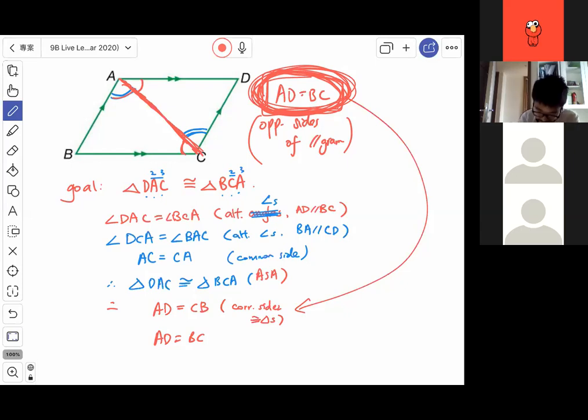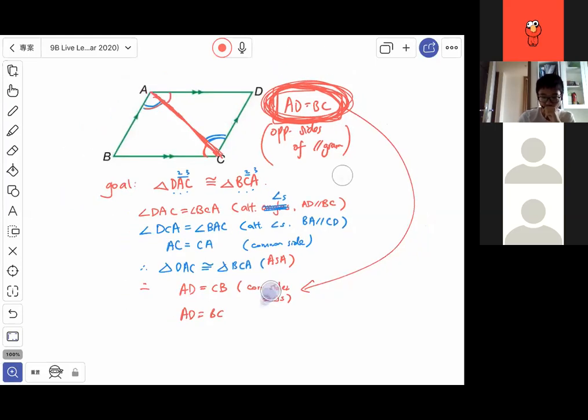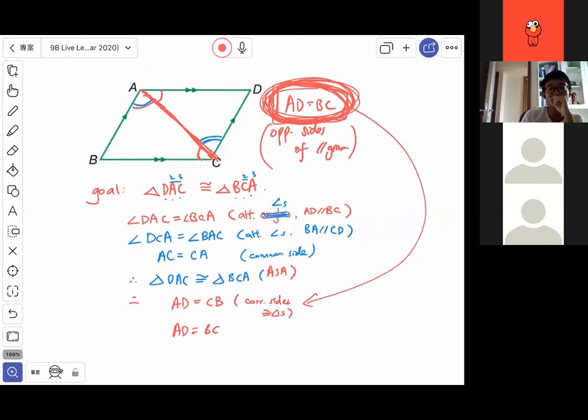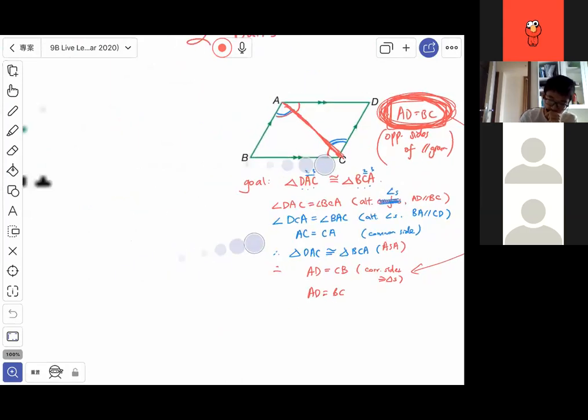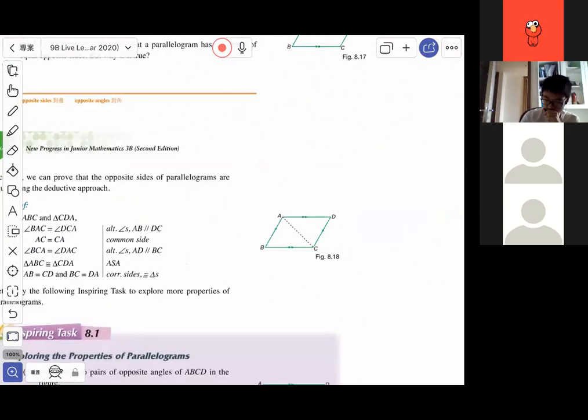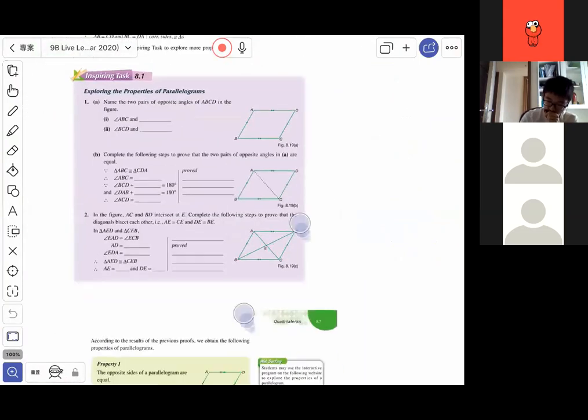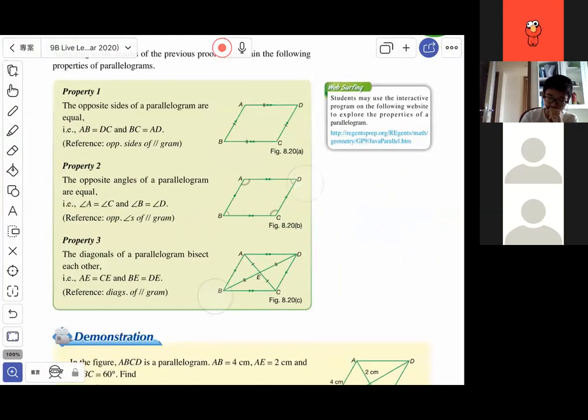I believe. Right. So that is okay. AD equals to BC. Also, if you would like to try similar approaches, I actually want you to prove the other two. Let's look at this together because I have already talked about 5 to 10 minutes about it, and I don't think many of you are interested in it.